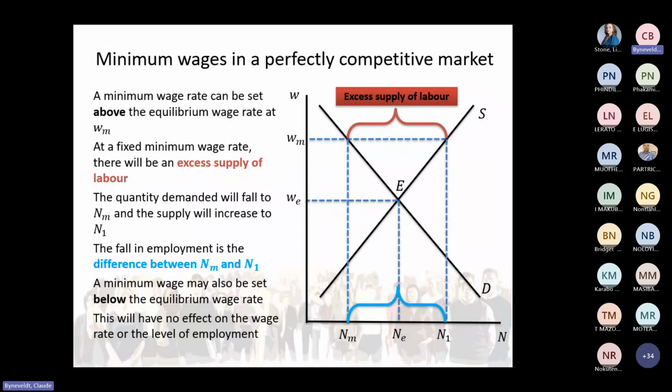So this is the imposition of the effect of a minimum wage on the labor market, and this diagram is very, very important. Draw the diagram and see if you can understand the diagram.